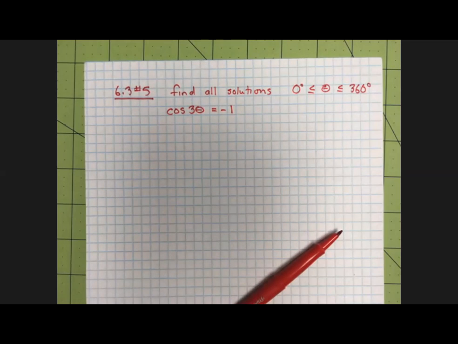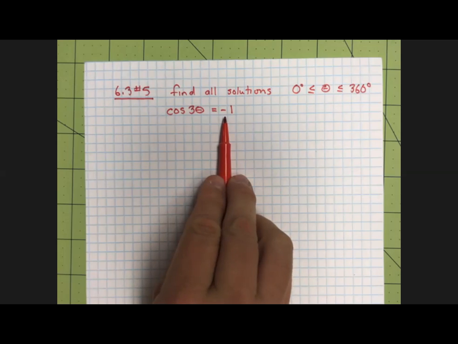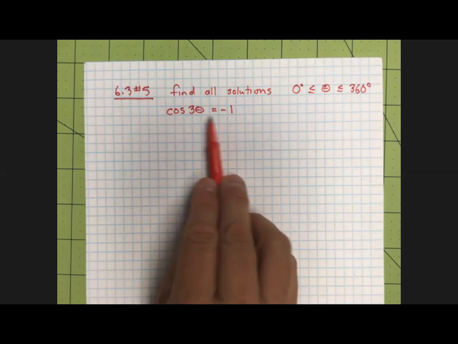Okay, what am I supposed to do here? Because I don't have any identities with cosine of 3 theta in them. But I do know when cosine is -1. So that's what I should focus on.